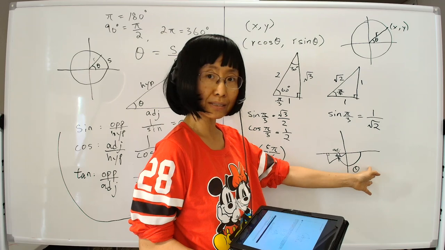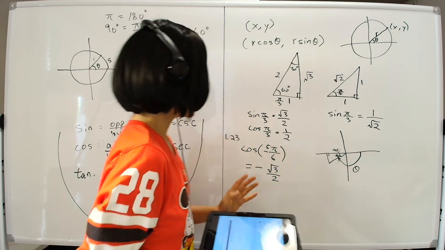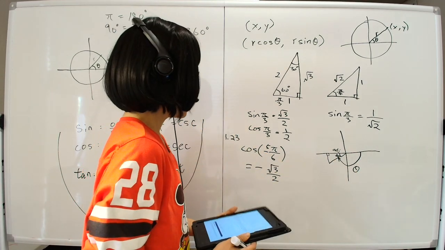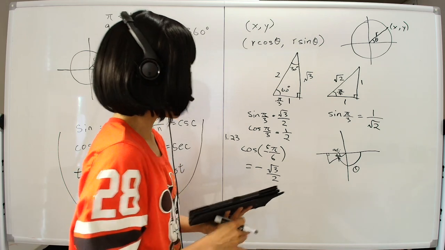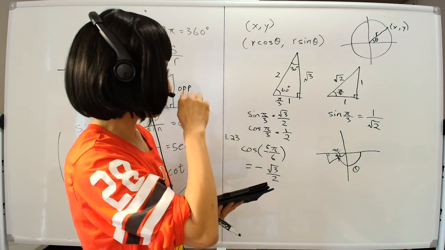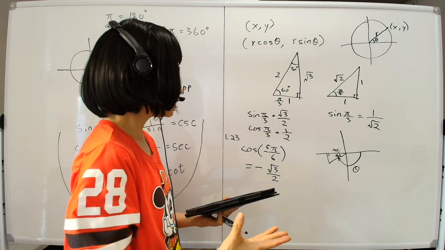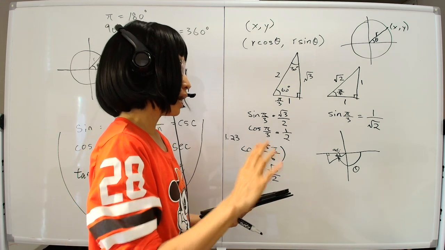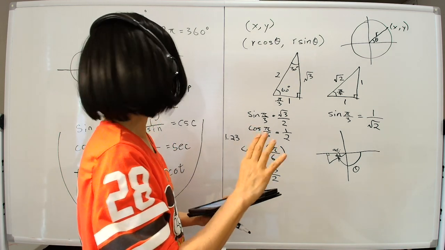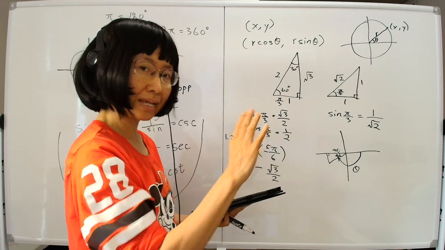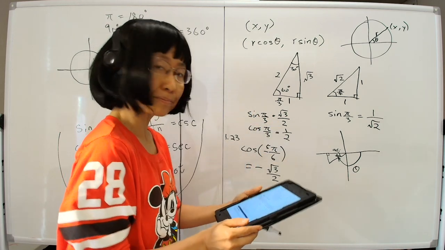If this side is positive, this side is negative, whether it's for sine or cosine. And for tangent, of course, it is defined differently. For tangent, you have to consider both the y, the opposite, and the adjacent, but the principle is the same.